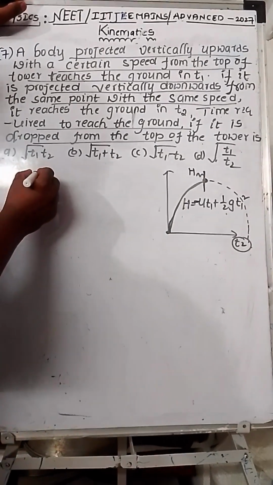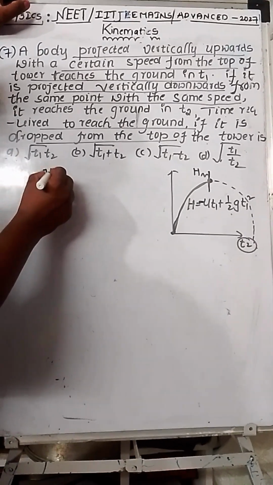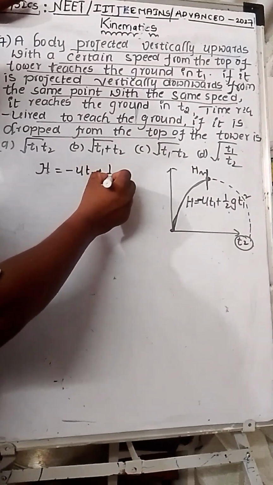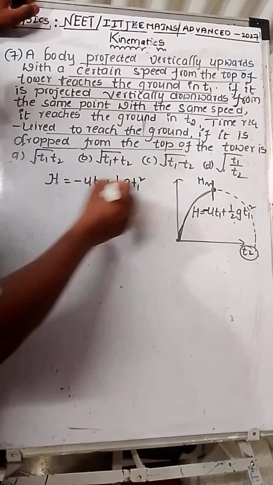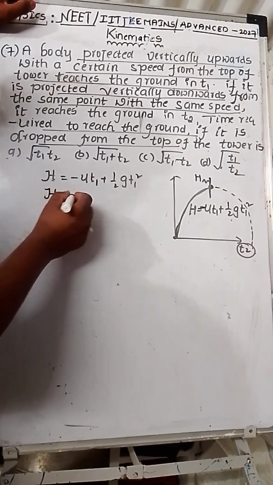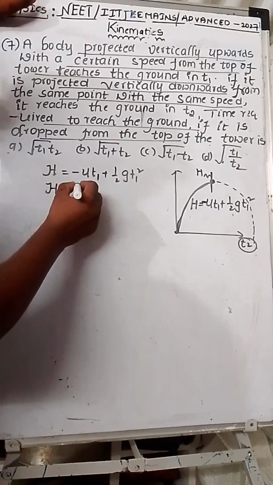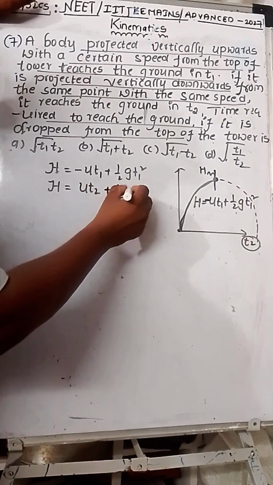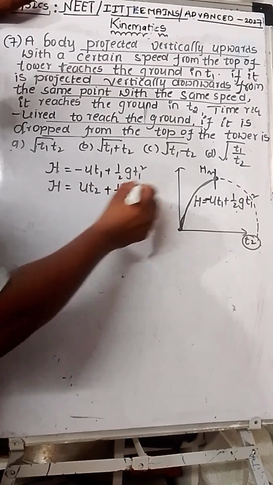Now the first equation we are going to simplify is h is equal to minus u t1 plus 1/2 g t1 square, and the second equation, where the object falls in the downward direction due to gravity, is h is equal to u t2 plus 1/2 g t2 square.